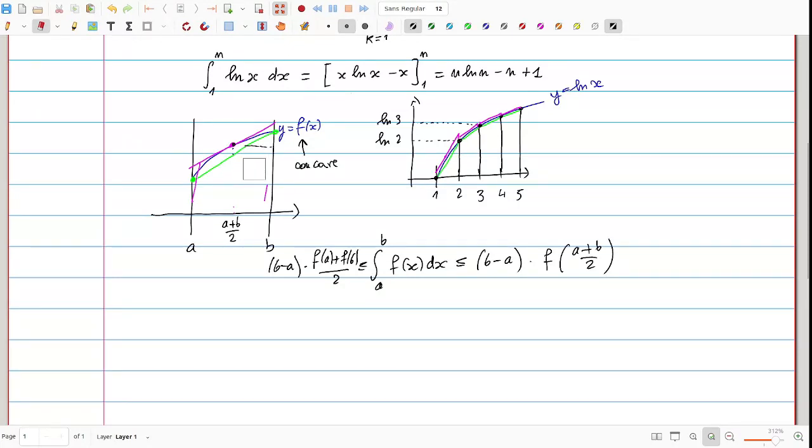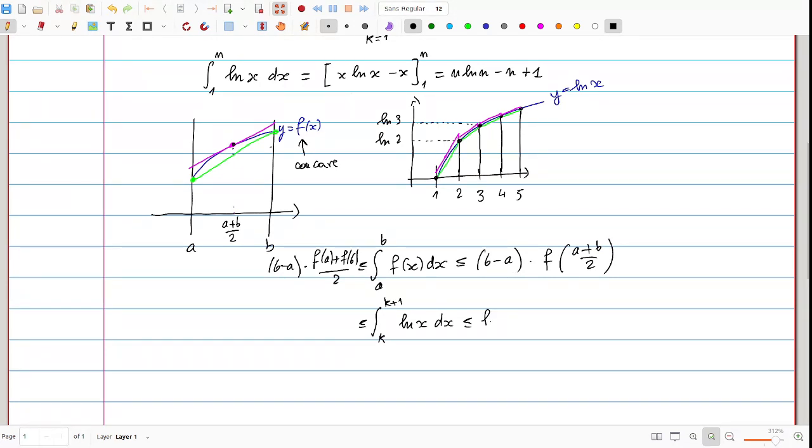Okay, so we can plug in our logarithm and take the interval between two integers, and we get that the integral between k and k plus 1 of the logarithm of x dx can be estimated from above and from below, with b minus a equal to 1.